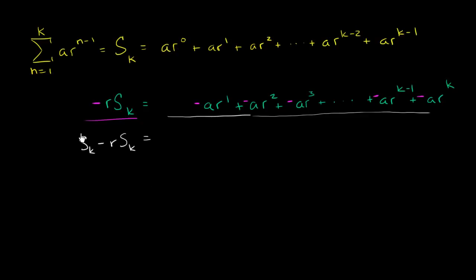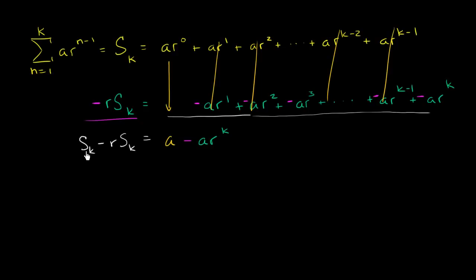So that's going to be a. So this just drops down. And then these are all going to cancel out all the way. So all we're left with is minus a times r to the kth power.